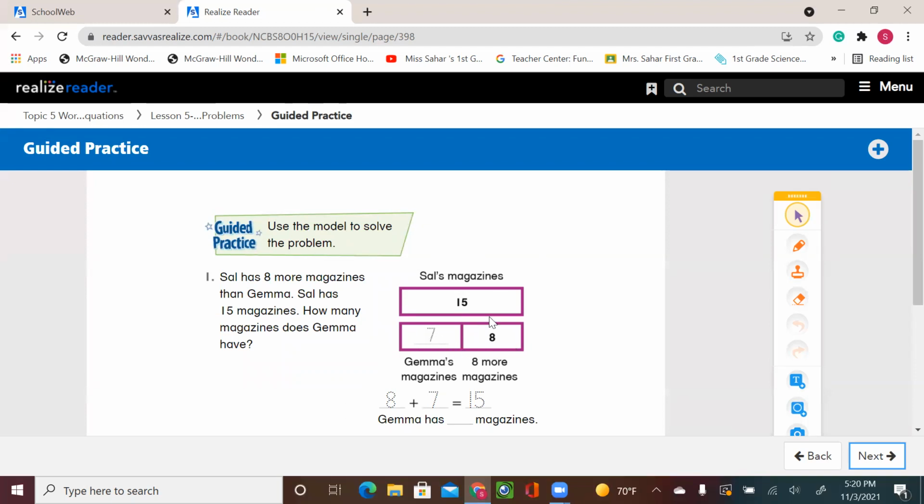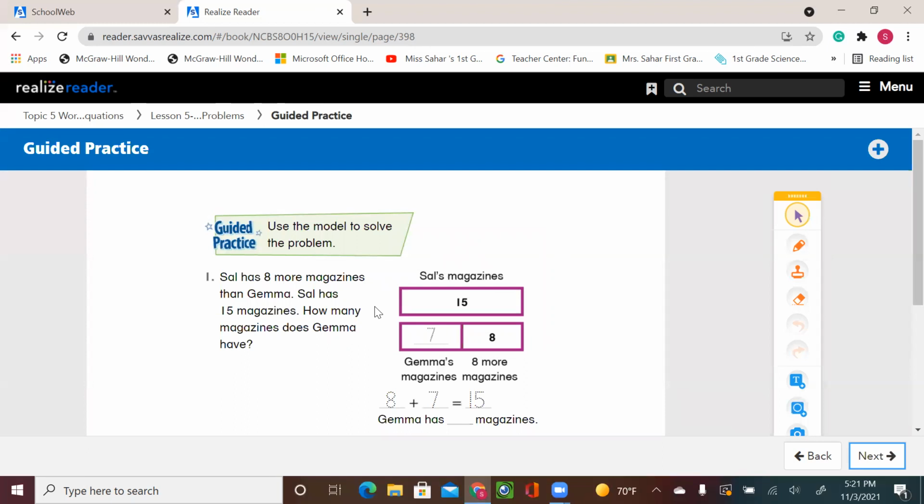So either I can say 15 take away 8 gives me the missing number or the missing addend, or I will say 8 plus something equals 15. So that's why when we use the bar models, it helps you to see the information you have, and it helps you to find the missing information or the missing part.